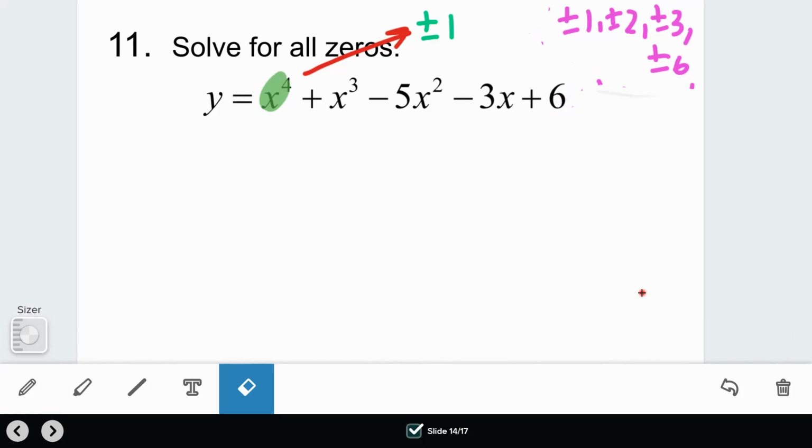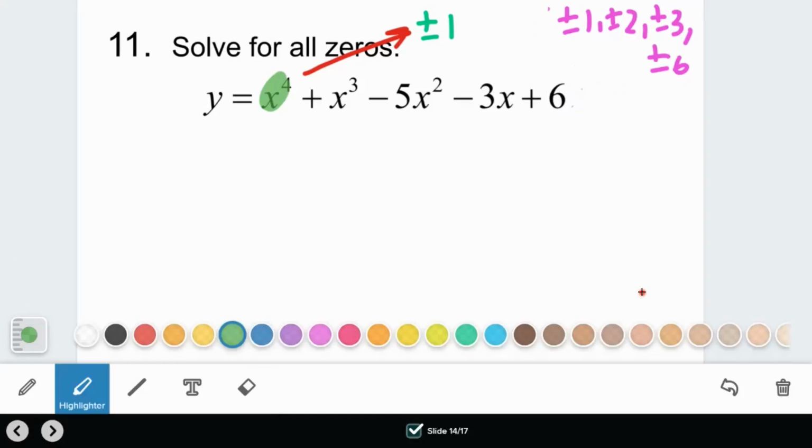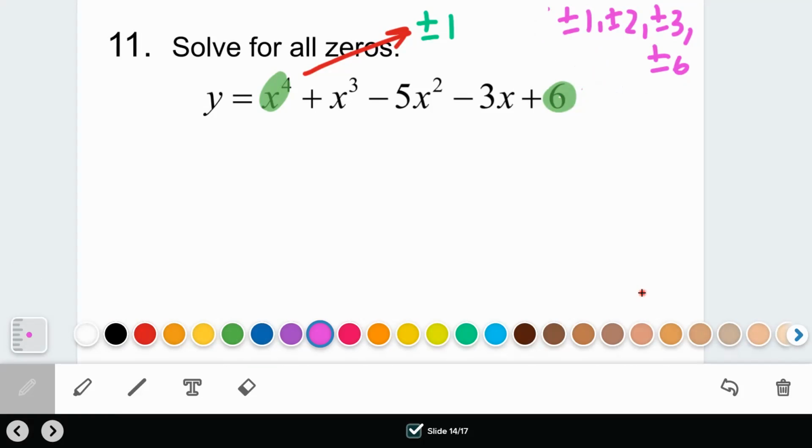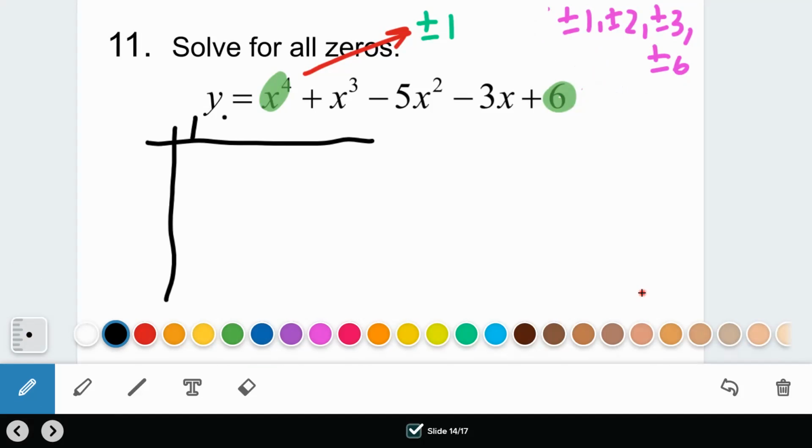So on this, I am going to do synthetic division. I'm going to have 1, 1, negative 5, negative 3, 6. Let's say I start with 1. Bring down my 1. 1 times 1 is 1. I add it to 1, I get 2. 2 times 1 is 2.